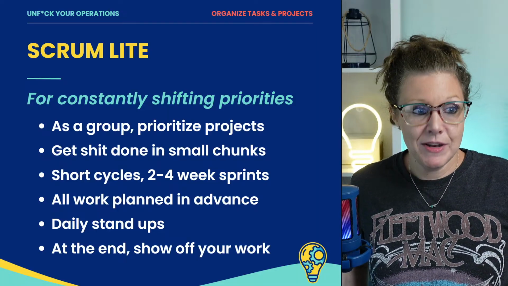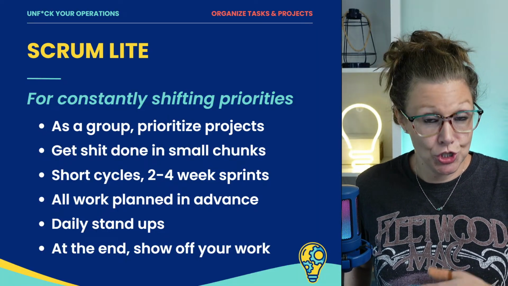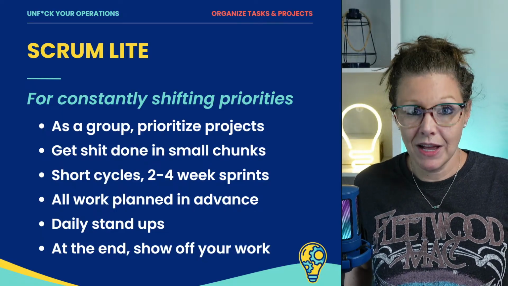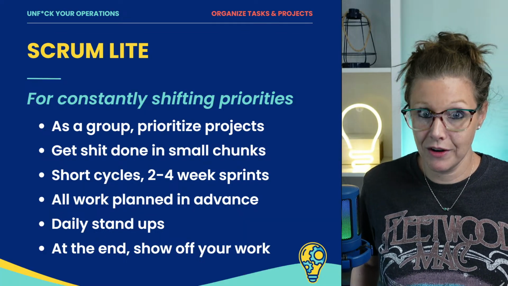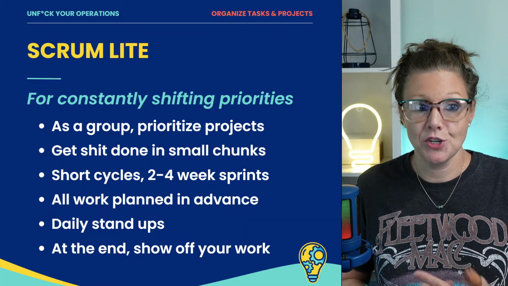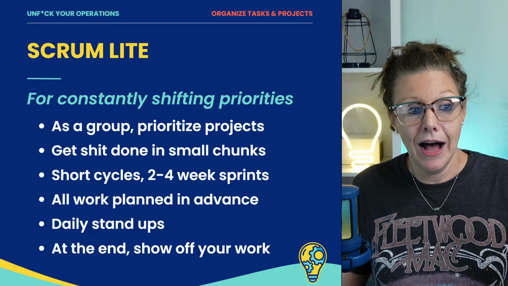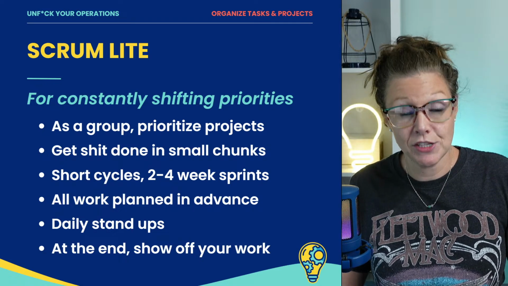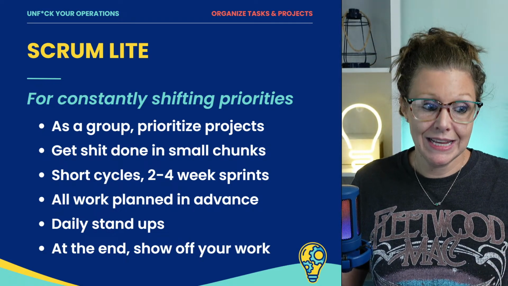Going back to one of the common issues, I have no idea what to work on because I'm just constantly searching through my work for priorities. Scrum Lite is for teams that have constantly shifting priorities or where it's very hard to find your priorities. As a group, you prioritize your projects and get things done in very small chunks called sprints. Sprints are typically 2 weeks, no more than 4 weeks, and all of your work is planned in advance.